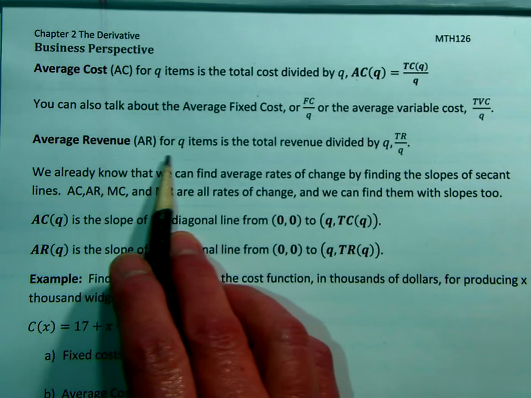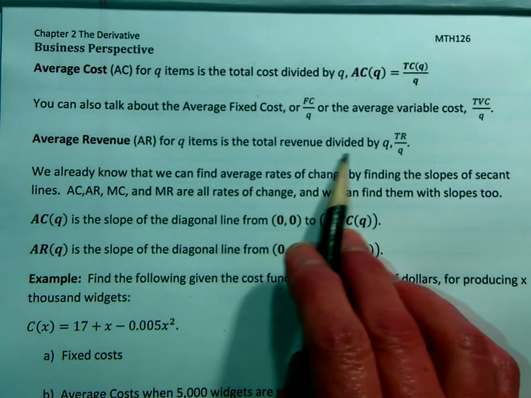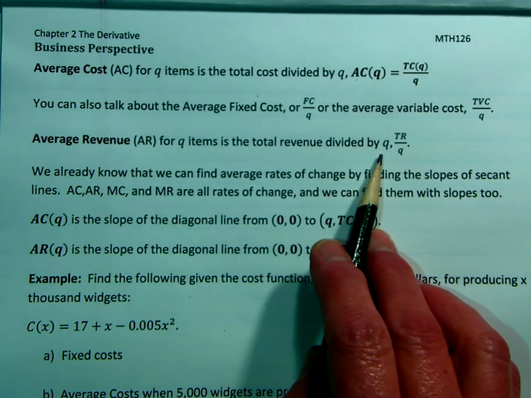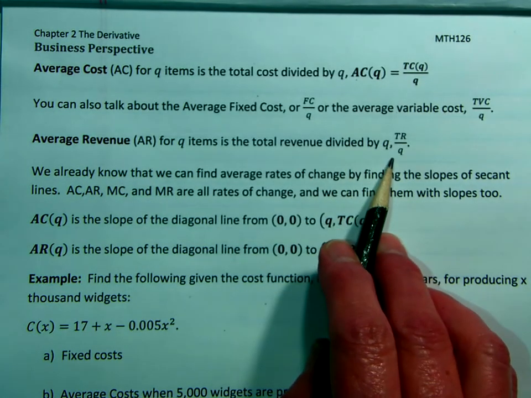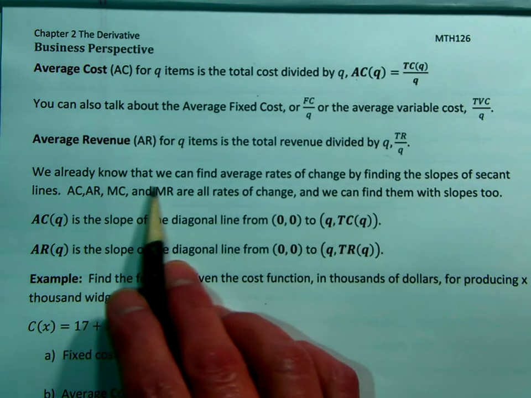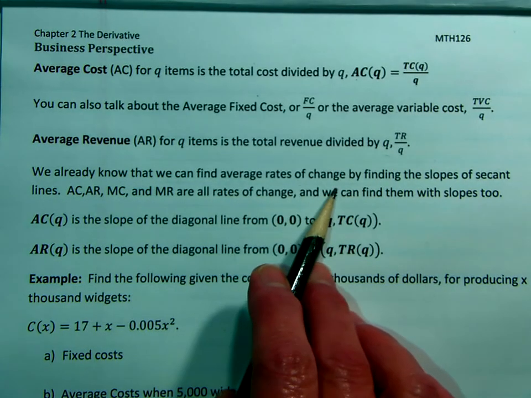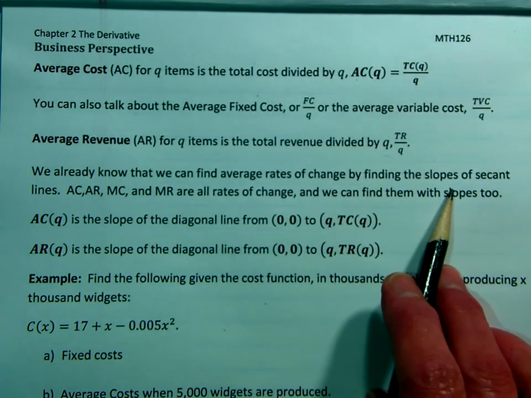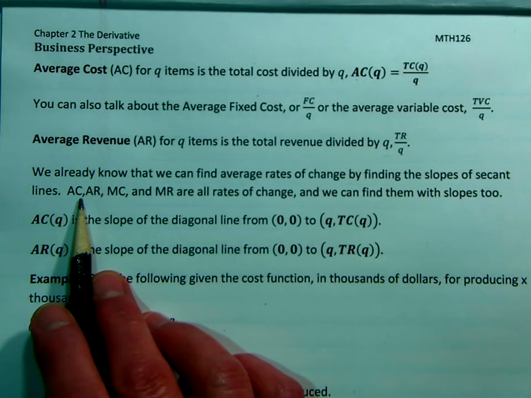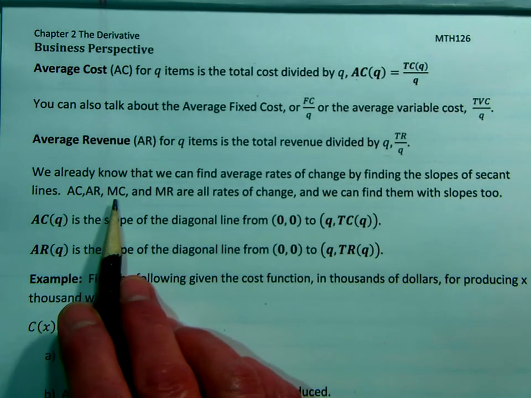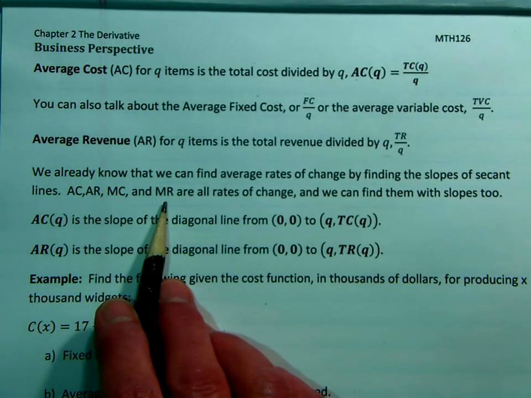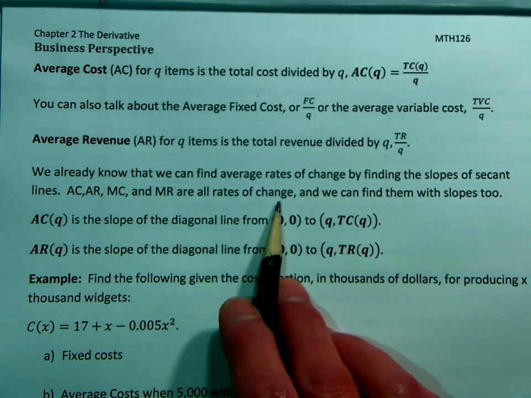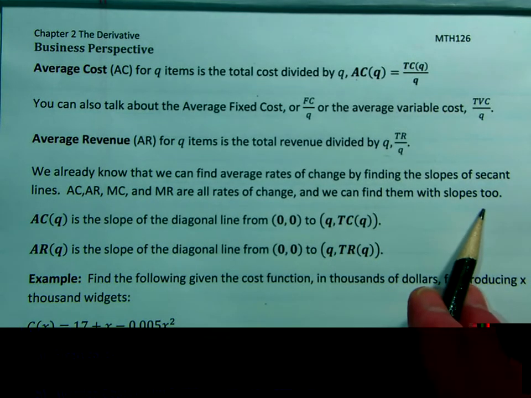Average revenue for Q items is the total revenue divided by the number of items. We already know that we can find average rates of change by finding the slopes of secant lines. Average cost, average revenues, marginal cost, and marginal revenue are all rates of change, and we can find them with slopes too.